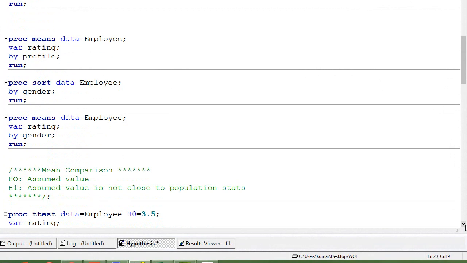Before we do any analysis, it's always good practice to start with the descriptive statistics. In fact, the hypothesis that we have already created will be more clear to us once we get to know the simple statistics about our data. Because sometimes we may need to change the hypothesis itself.